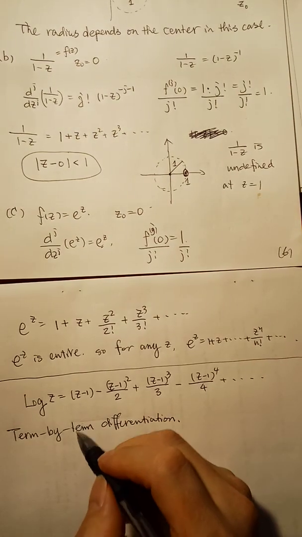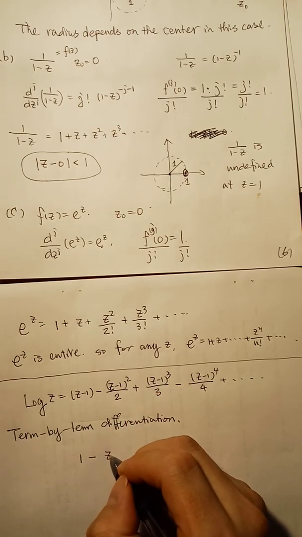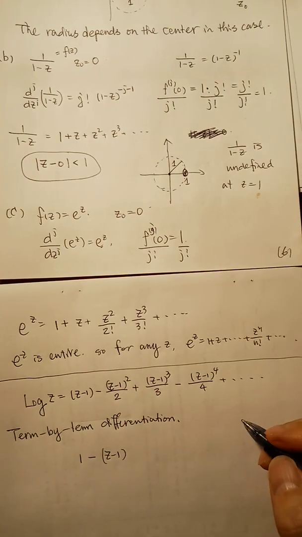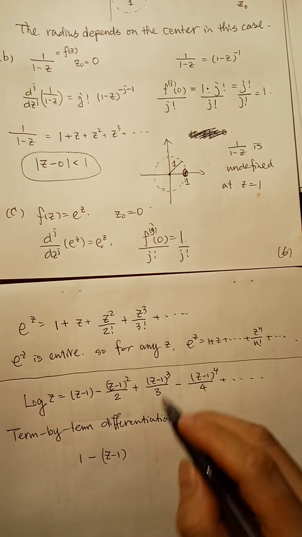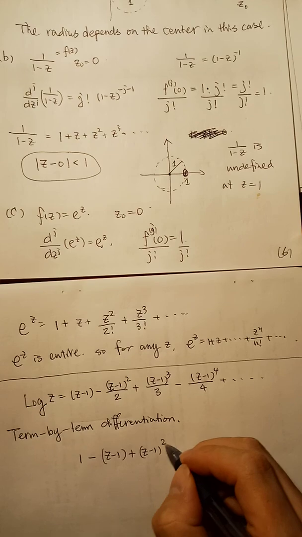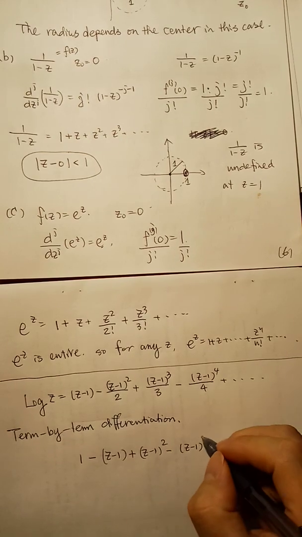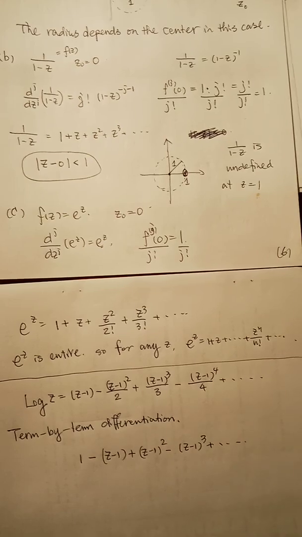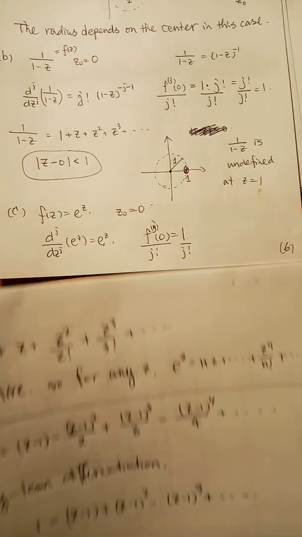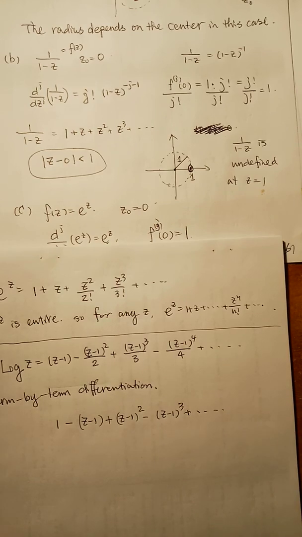What we have is 1, then minus (z minus 1), plus (z minus 1) squared, and then minus (z minus 1) cubed, and so on. Right?